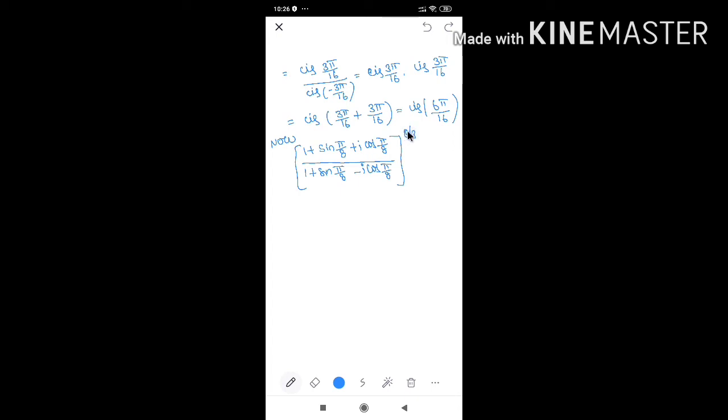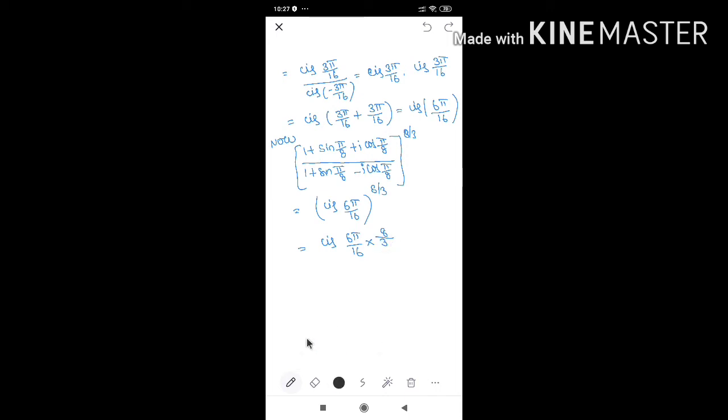So it equals the value we got here, cis 6 pi by 16 to the power 8 by 3, that is 6 pi by 16 multiplied by 8 by 3.